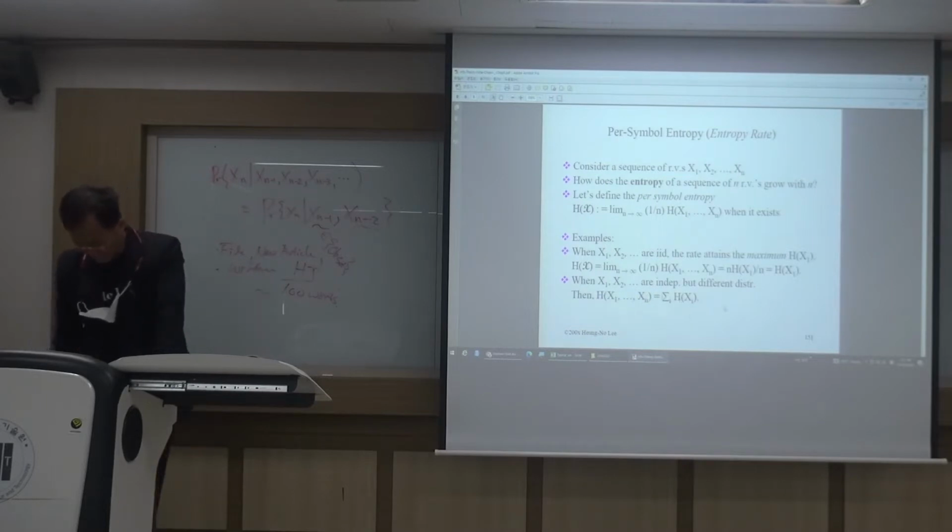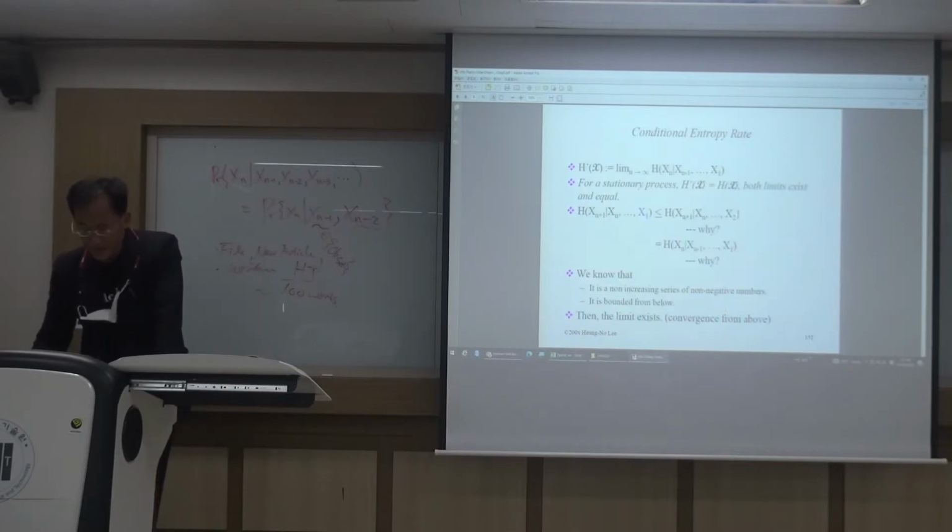Then we define something called conditional entropy. Let's say H prime, instead of H in the previous page. And this one is conditional entropy, like this, and we let n go to infinity.